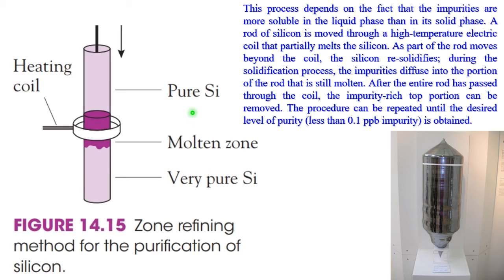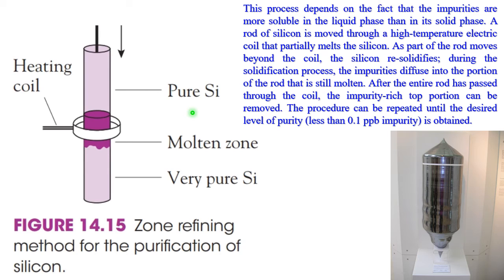A rod of silicon is moved through a high temperature electric coil that partially melts the silicon. As part of the rod moves beyond the coil, silicon resolidifies. During solidification, impurities diffuse into the portion of the rod that is still molten. After the entire rod has passed through the coil, the impurity-rich portion can be removed.